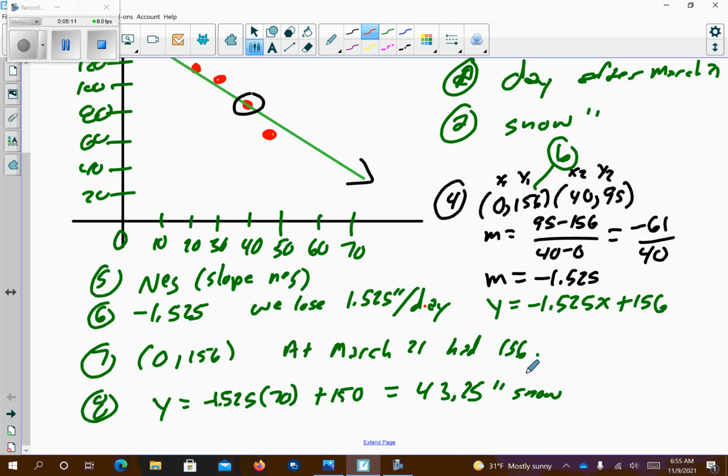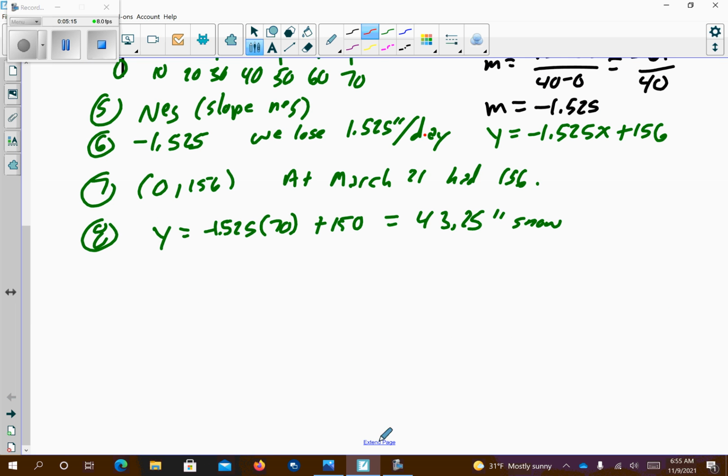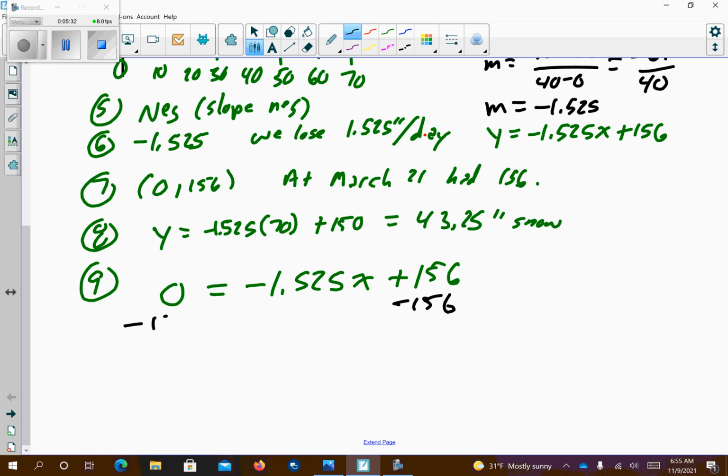And then number 9, how many days will there be 0 inches? Oh, that's a great question. So I'm going to have my y value on my equation be 0. So then we need to go ahead and solve this. I'm going to subtract 156 from both sides.